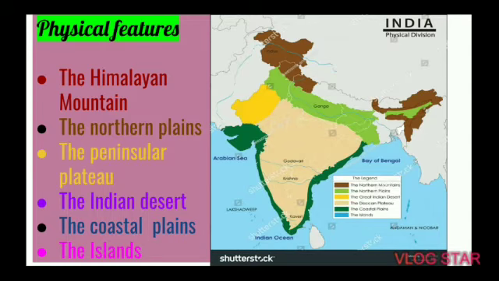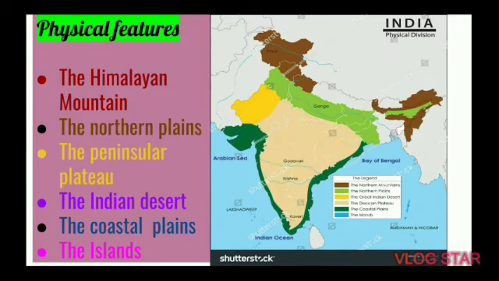Comparing to the Himalayan mountain, people want to live in plain areas because of the insufficient facilities there. So most of the people are living in the northern plains because of the water facilities and the fertile soil.